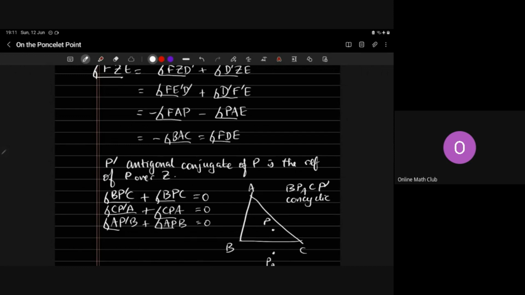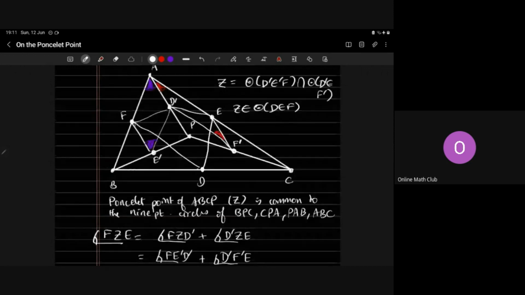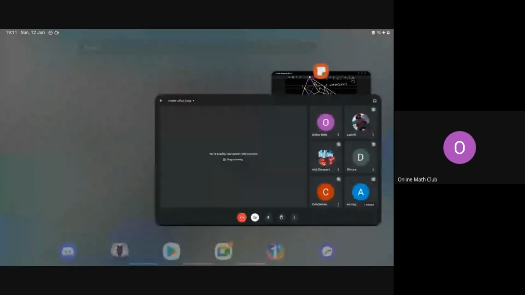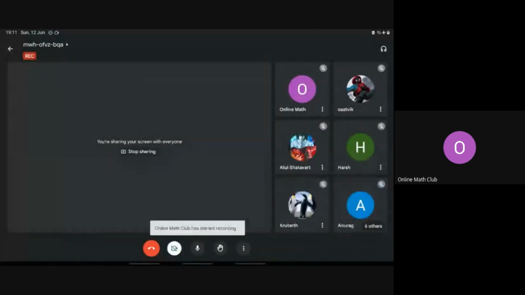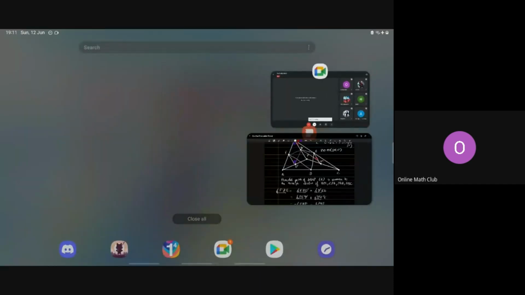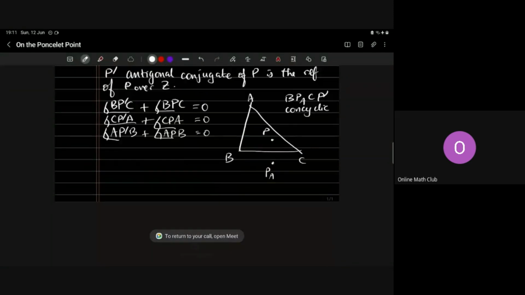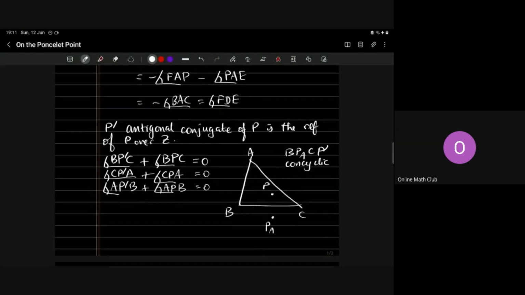How do you show that from the definition? Anybody? Given. So the thing is, Z lies on the 9-point circle of BPC.